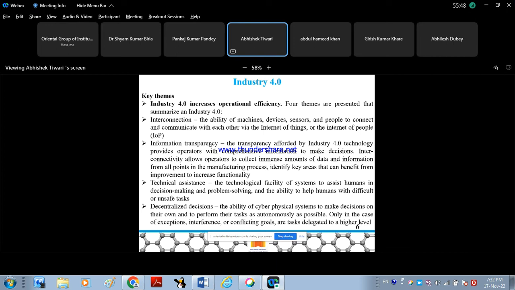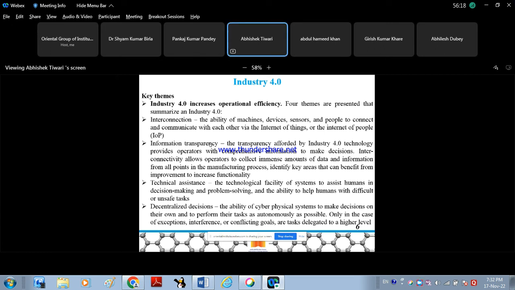Then, information transparency: the transparency afforded by Industry 4.0 technology provides operators with comprehensive information to make decisions. Interconnectivity allows operators to collect an immense amount of data and information from all points in manufacturing processes, and identify key areas that can benefit from improvement to increase functionality.